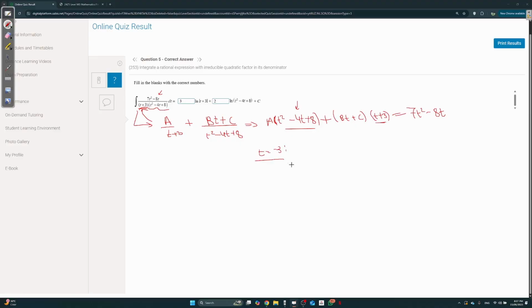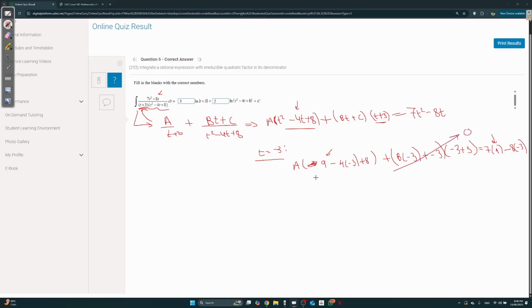So let's start with our first zero, t equals negative 3. So A times negative 3 squared, which is just 9, minus 4 times negative 3, plus 8, plus b times negative 3 plus c, all multiplied by negative 3 plus 3, which is 0, but we're going to keep it like that, equals 7 times 9 minus 8 times negative 3. Why did I say 9 here and here? Because it's squared. Negative 3 squared is just 9. Let's cancel. Negative 3 plus 3 gets you 0.